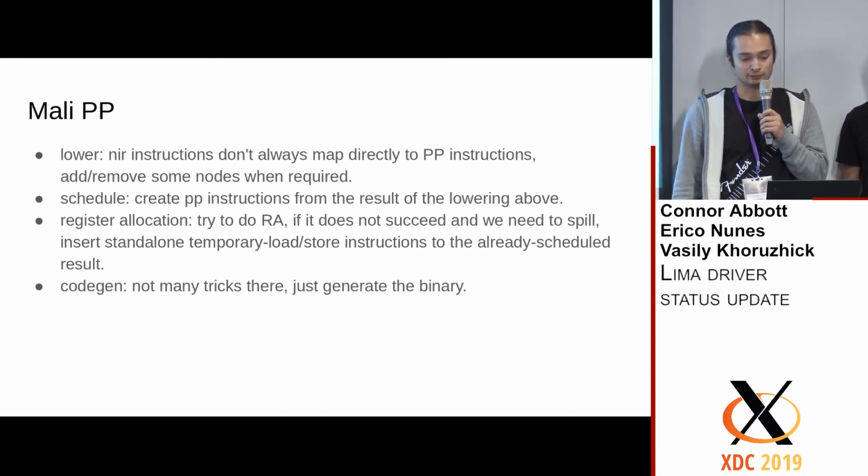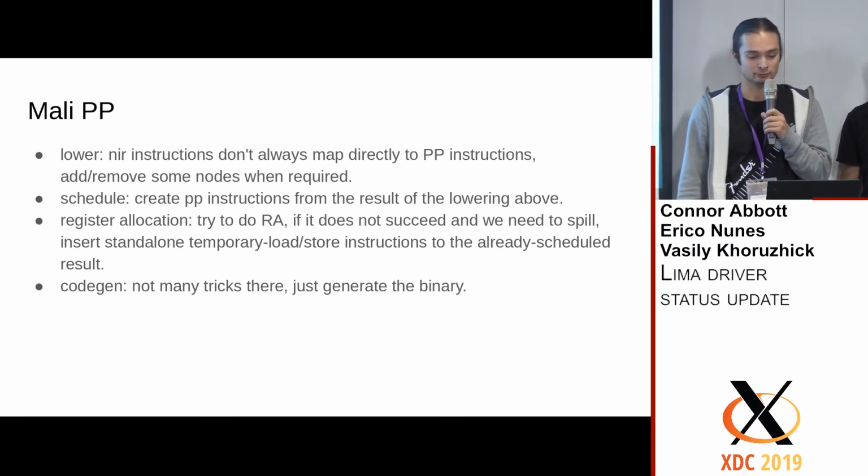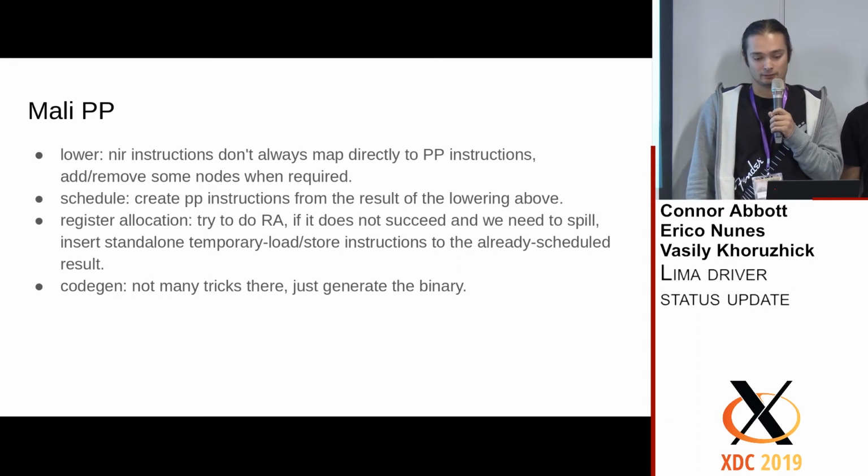Also, we do some extra lowering in the PPIR. For example, we do duplication of all the uniform loads, since uniforms can be passed directly to ALU nodes if you do it in the same instruction.